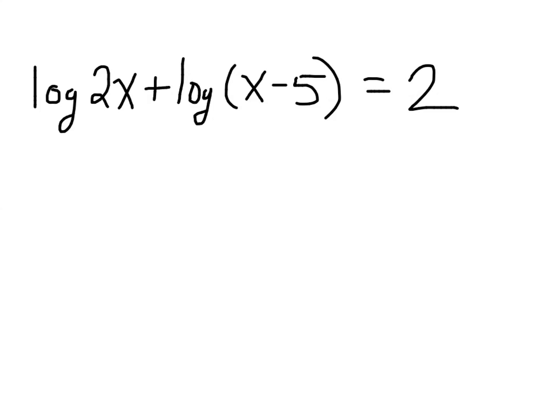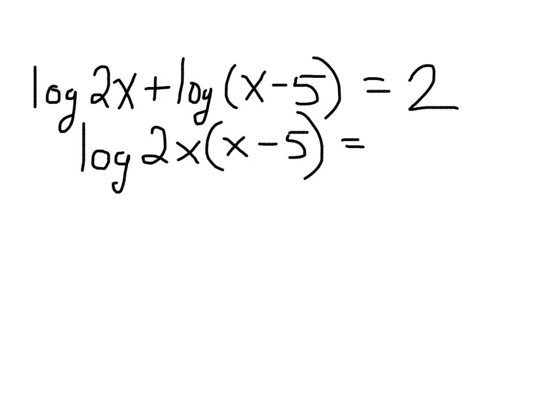So, what's adding the same as when it comes to logs? Multiplying. So what I'm going to do is I'm going to condense it into 2x times x minus 5 equals 2. So I used those properties or the laws that we had a couple days ago, and I rewrote it as a condensed log. Okay?